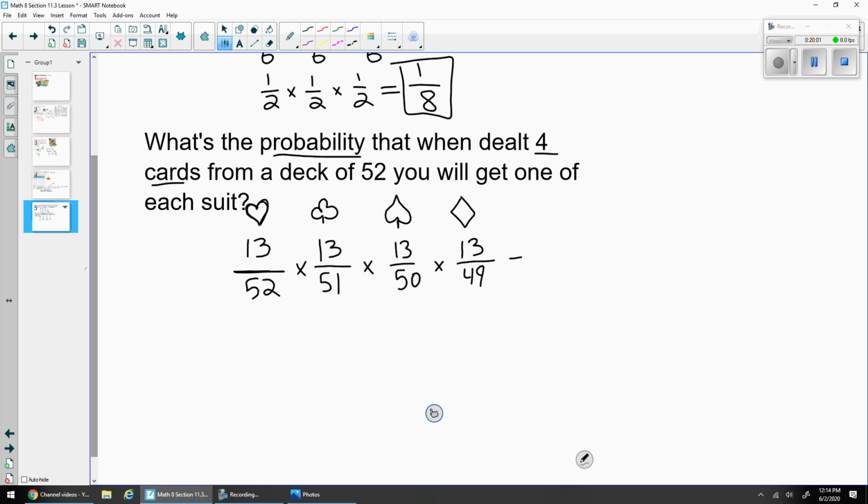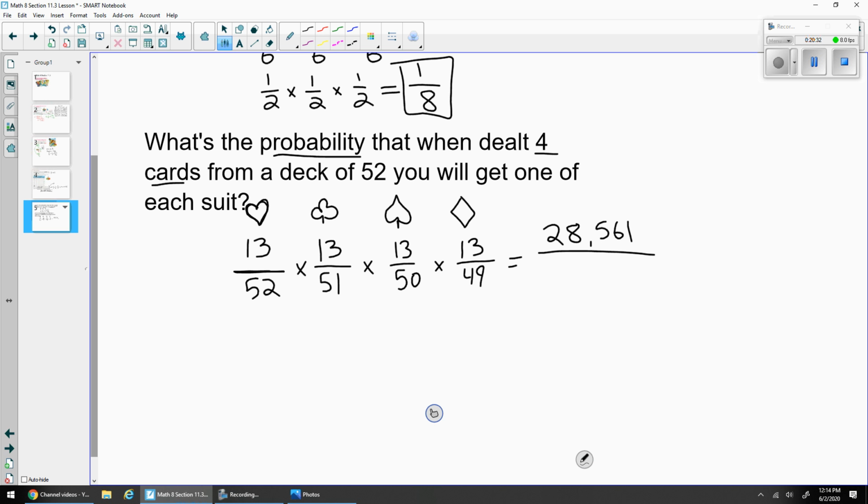But we can just multiply these fractions together and use our calculator. We can go 13 times 13 times 13 times 13, and I get 28,561. Okay, so there's 28,561 possible combinations of getting 4 different suits in 4 cards, which is pretty crazy.